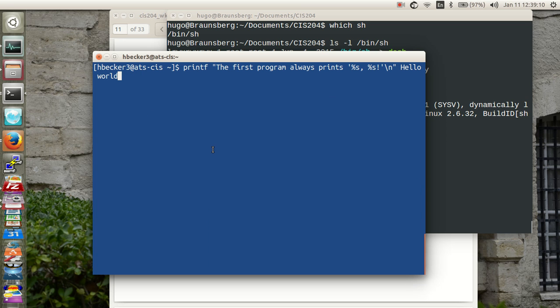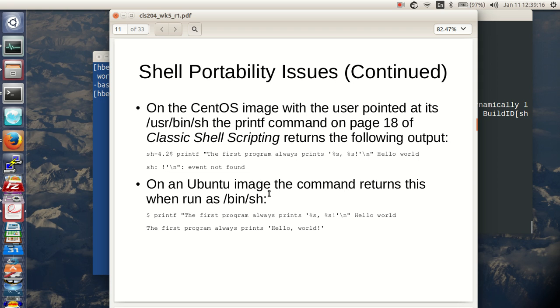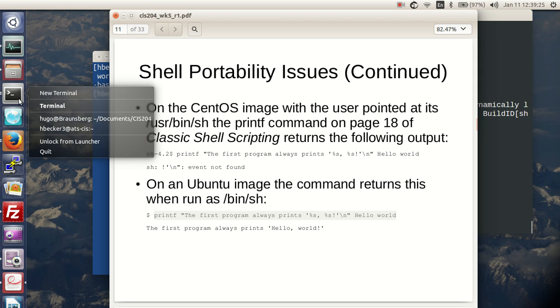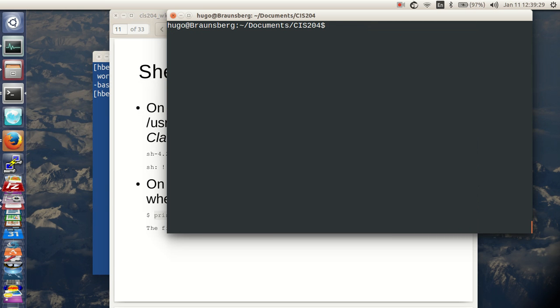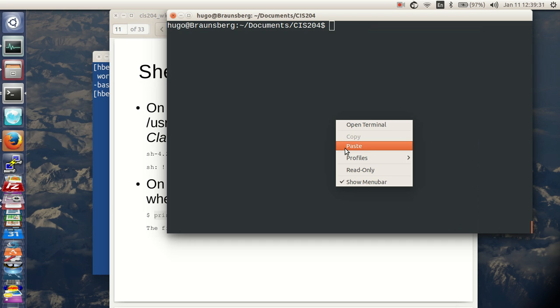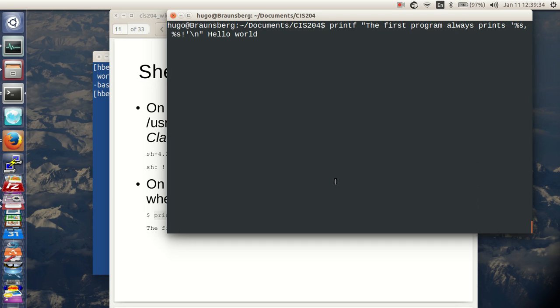It can't find that event and gives me this "event not found." When I do this in the Ubuntu world, and let me go back up to the Ubuntu image, let's paste that in there. It's the same thing I pasted in the CentOS image. I still get that. It's interesting, it's been fixed.